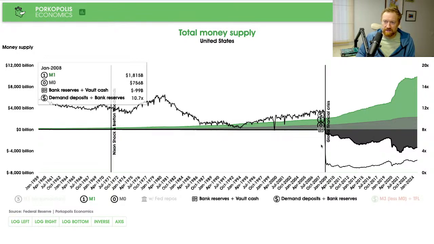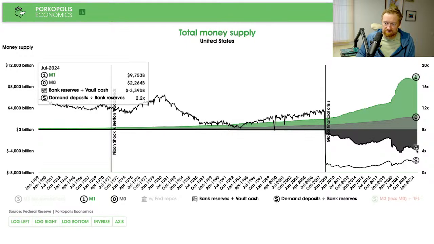So now, instead of being only 10%, right, what's 1 divided by 10 or 1 divided by 11, closer to a 9 or 10% reserve ratio, we're at a 100% reserve ratio here, post-GFC. It's pretty nuts. We've gotten some of the leverage back.